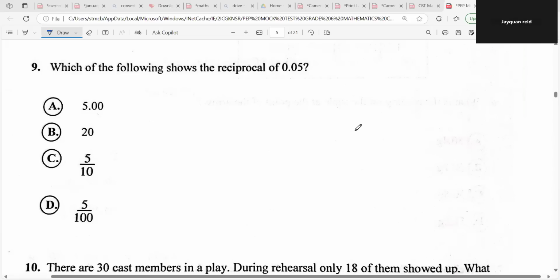In C, you have 5/10 and 5/100, so it's between C and D. When I look at the zeros, I realized it's D. That's how I got my answer, 2 places for the zeros.